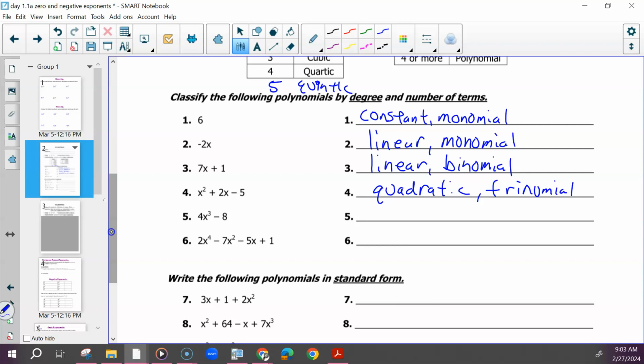Number 5? Cubic binomial. The exponent is 3, and there are only 2 terms. And the last one. Quartic polynomial. Questions on any of those?